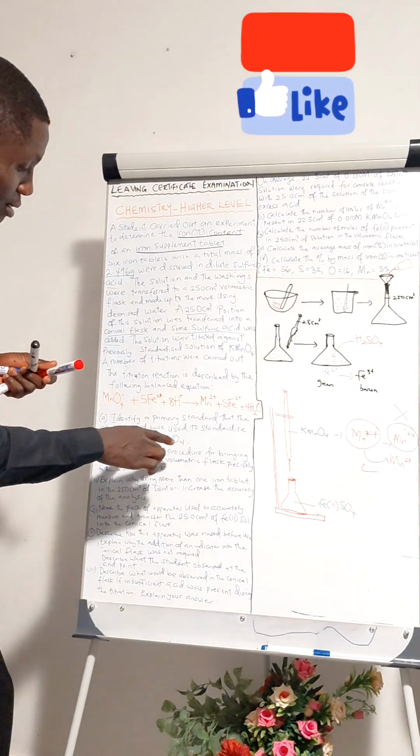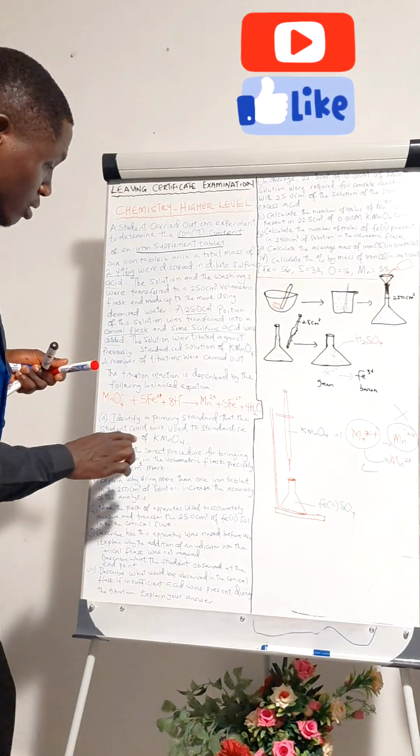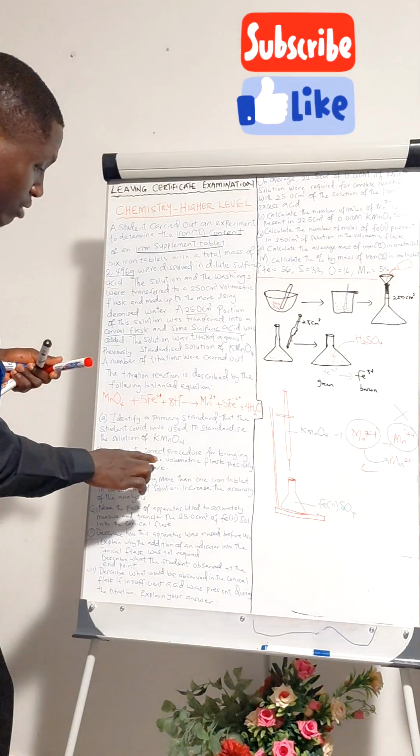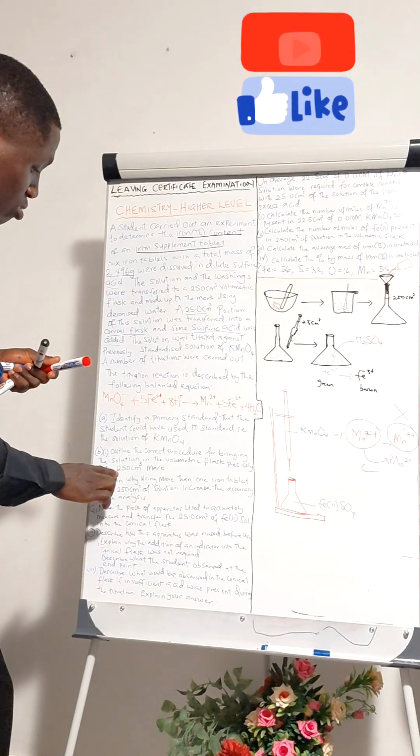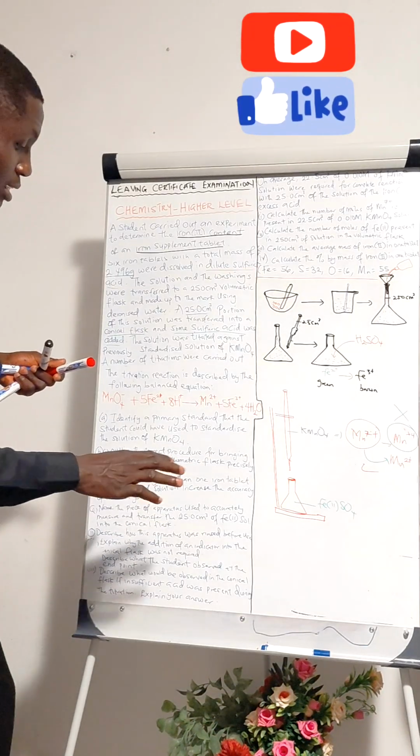Outline the correct procedure for bringing the solution in the volumetric flask precisely to the 250 cm³ mark. Now, what is the correct procedure?